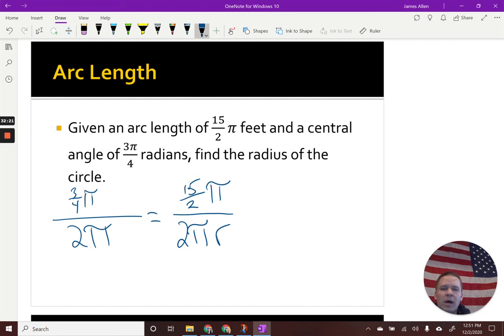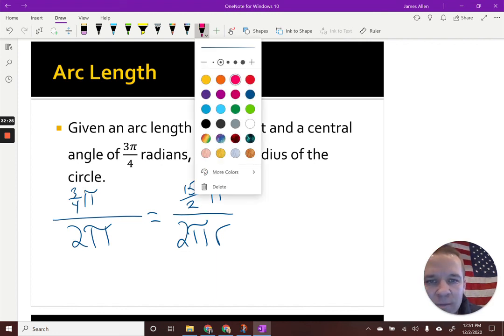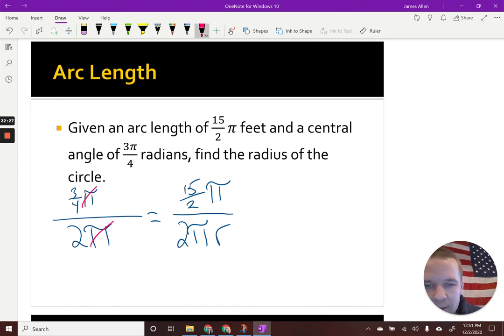Woo! That's a lot going on there. But I'm seeing something right away here that might be nice to do. Why don't I cancel out my pi's? As much as I love pi, we got them in numerators and denominators all over the place. Why not just get rid of them? Okay, cool. So now I can cross multiply. I can simplify a little more if you'd like. I'm just going to go for the cross multiplication here.